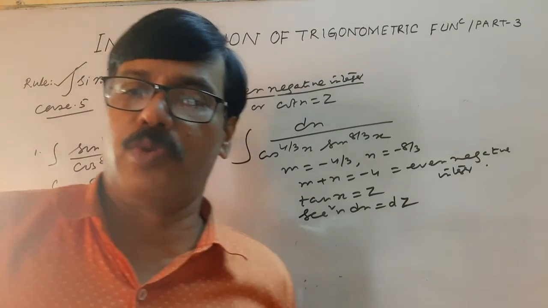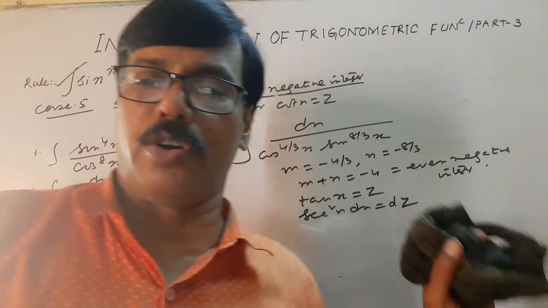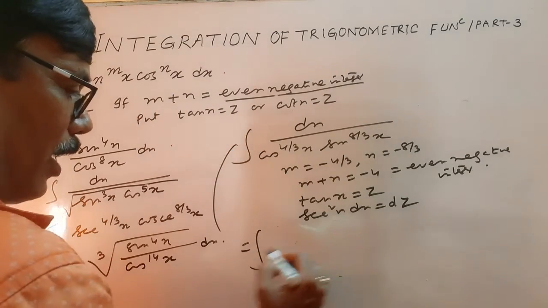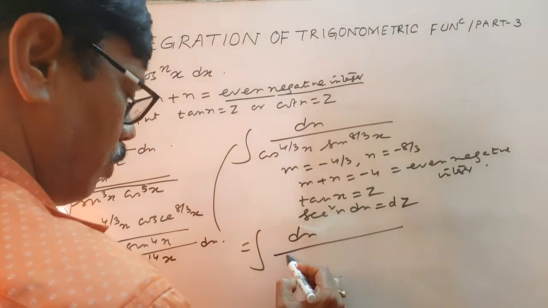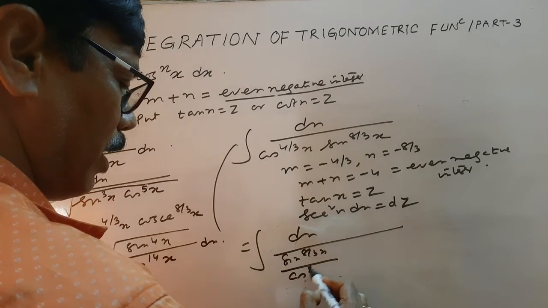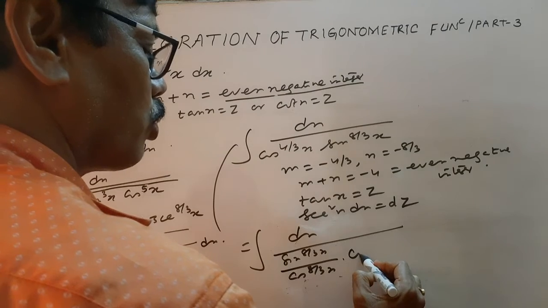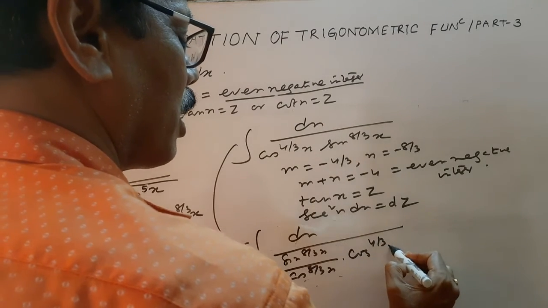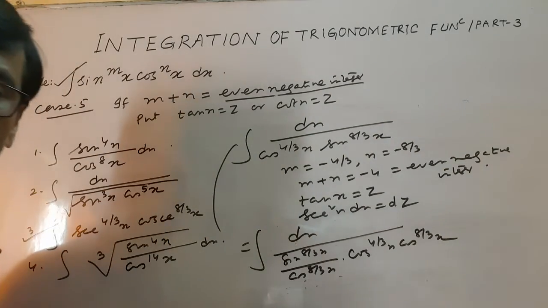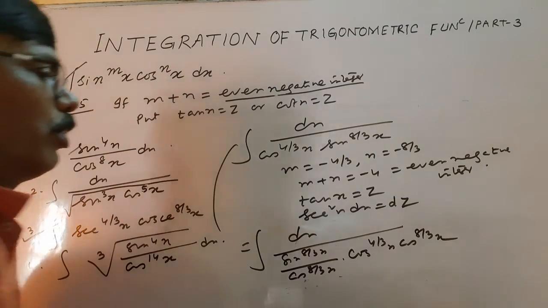Now you have to express it in terms of cot or tan. So dx by sin to the power 8 by 3 x over cos to the power 8 by 3 x, keeping cos to the power 4 by 3 x as it is and balancing it.